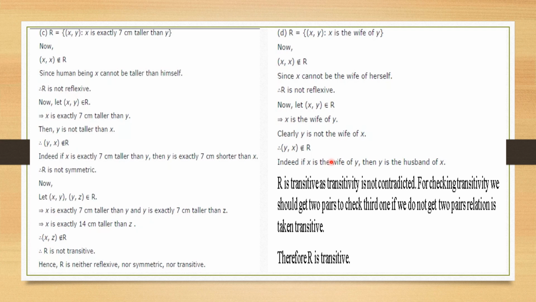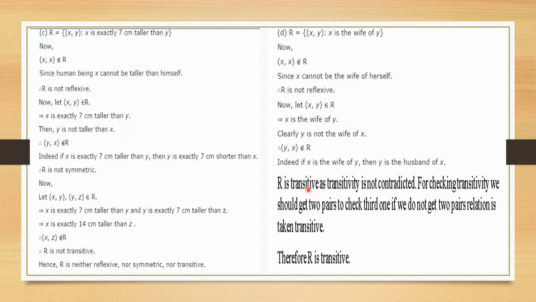Now yz belongs to R means y is the wife of z, but y cannot be the wife, because y is a male. So it is the case as in your question number 1 second part, that we are not able to get two pairs. I should get x is wife of y is wife of z, so that I can establish a connection between x and z.